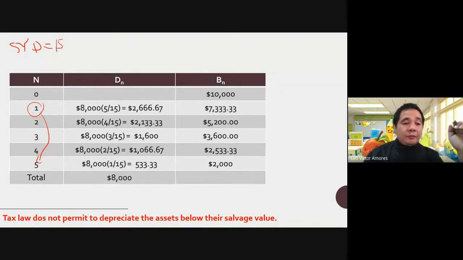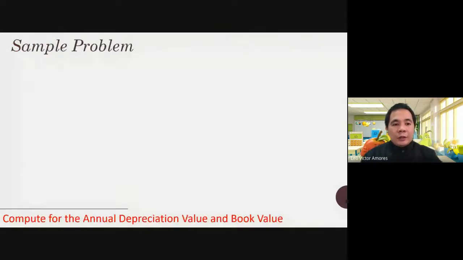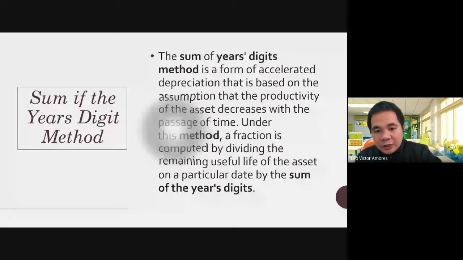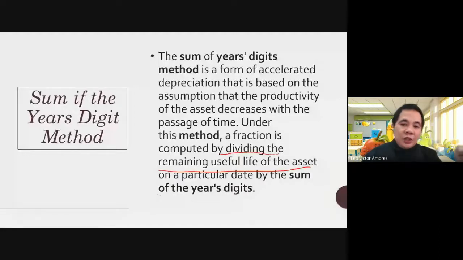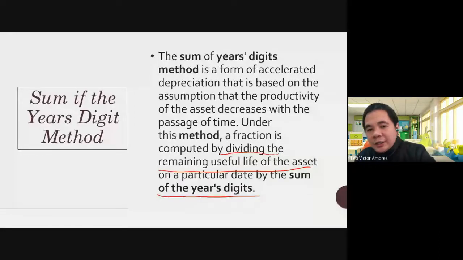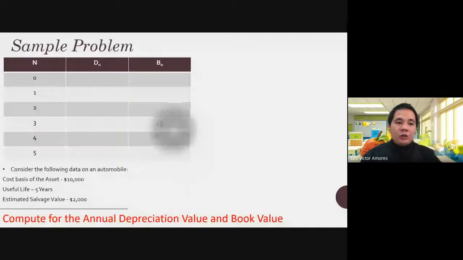Okay? Kakuha ra? 15. So, say for example, usually for sum of the years' digits, the depreciation is computed by the remaining useful life of the asset over the SYD, no? And then asset decreases man. So basically kung ingon tag decreases, the assumption is that its productivity should decrease.